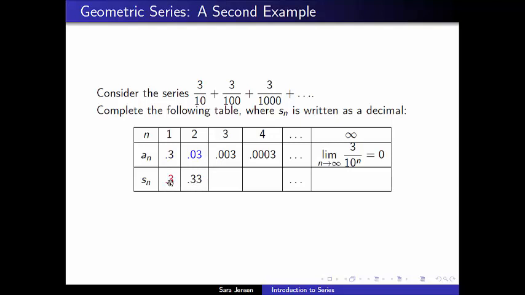So 0.3 plus 0.03 gives me 0.33. I then move over, add s sub 2 to a sub 3, 0.33 plus 0.003 is 0.333. I do that one more time to obtain 0.3333, and we can see that each time we progress one stage further in the pattern, all we do is add an additional digit of 3 to the end of what we saw previously.